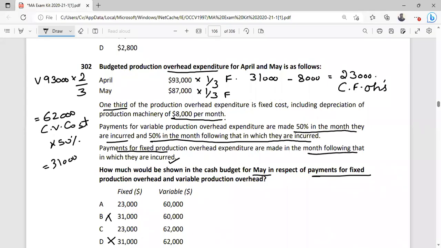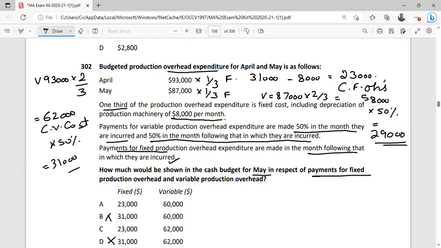This variable is 87,000 into 2 by 3, which is 58,000, and we will pay 50% in the same month, which means 29,000.